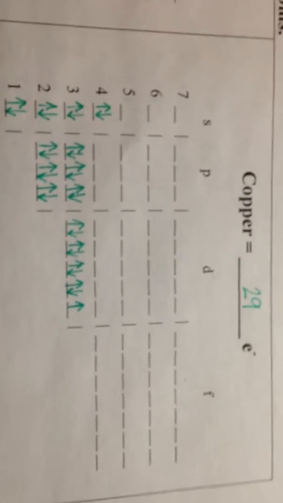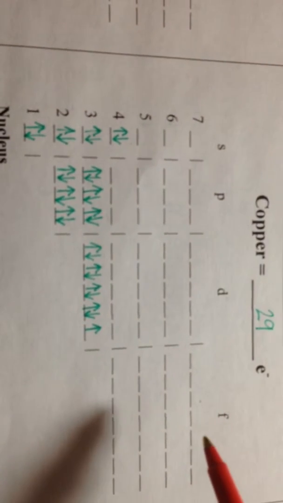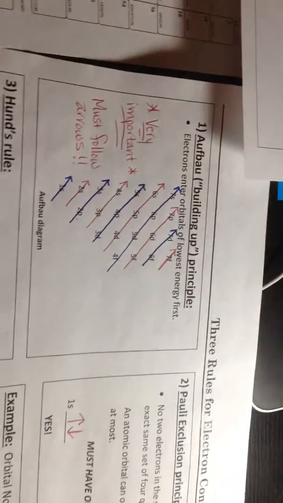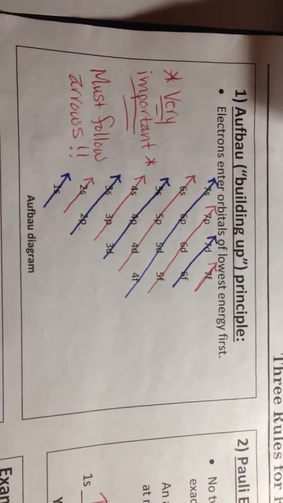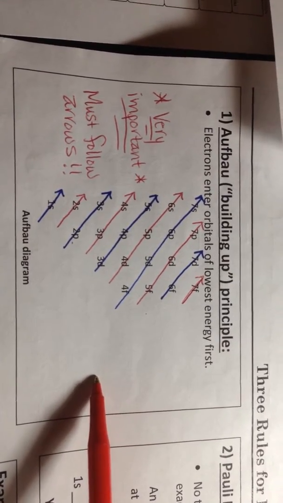Over here for copper, this is going to get a little bit more complex because we have many orbitals over here. And just like when we drew out this orbital diagram, we used some tools like our Aufbau diagram. We still have to use this for electron configuration.